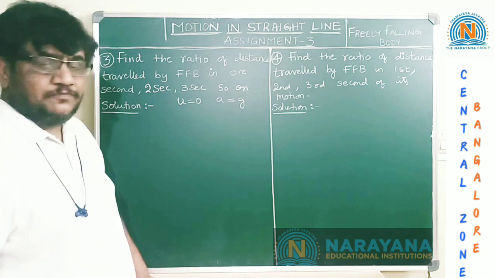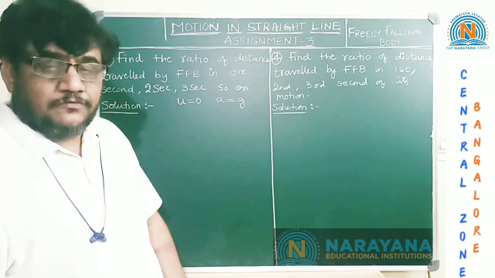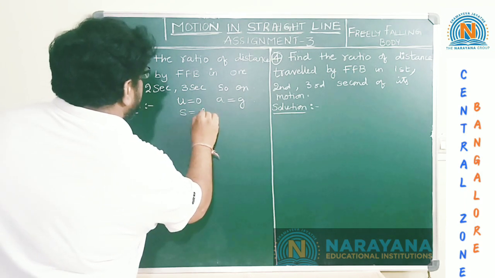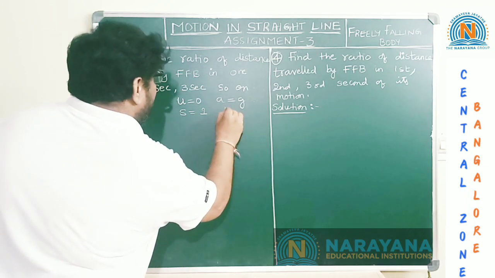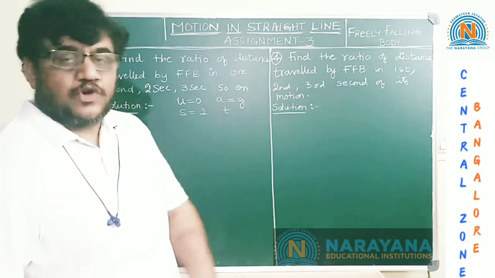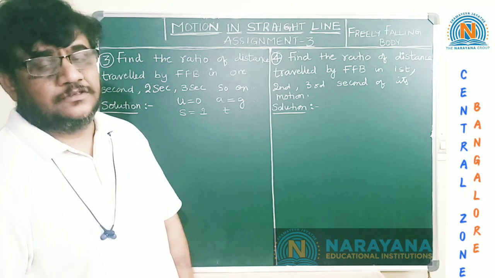So which equation of motion do we have to use? I should find distance in a given interval of time, so I should use the second equation of motion.